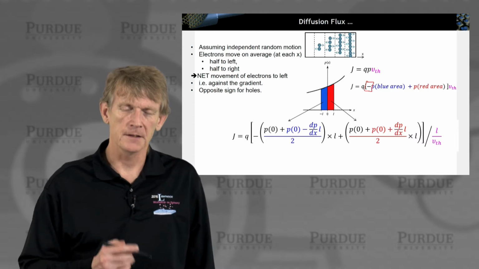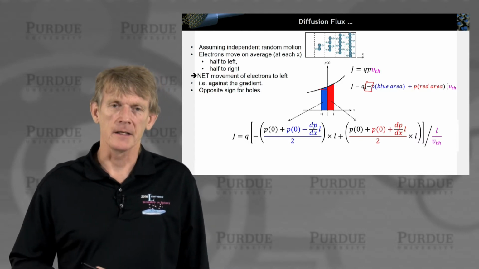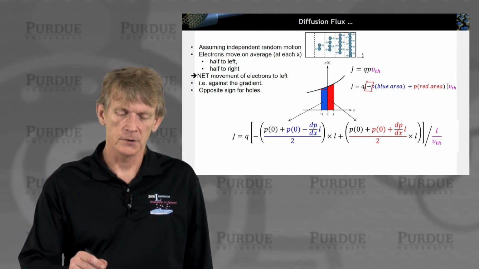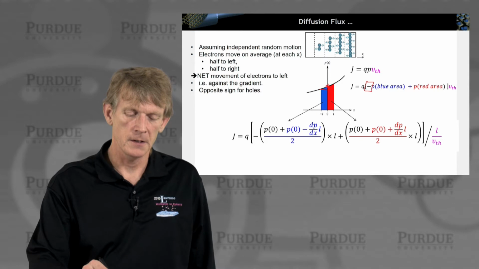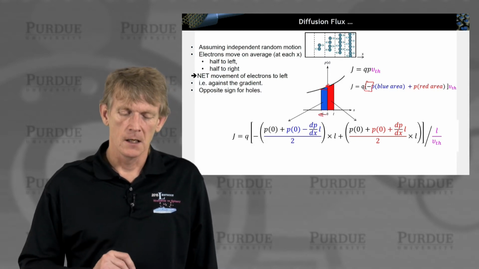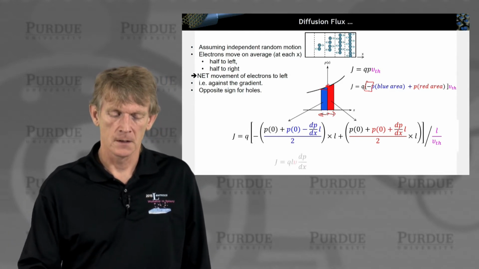We can approximate this by calculating the area under the curve, which is the expression here: you take the term here, and you move a delta x to the left and a delta x to the right. That gives you these two terms of differential area under the curve.